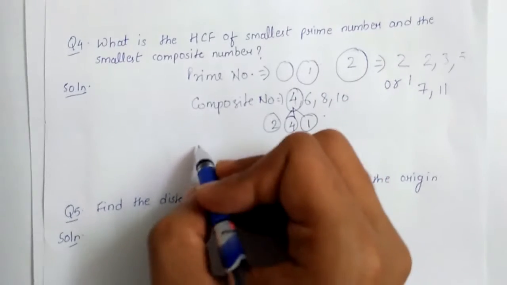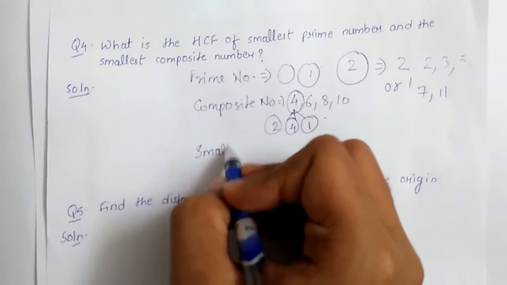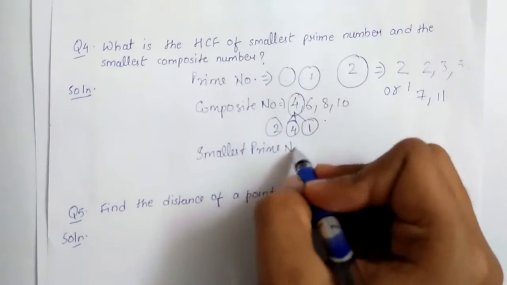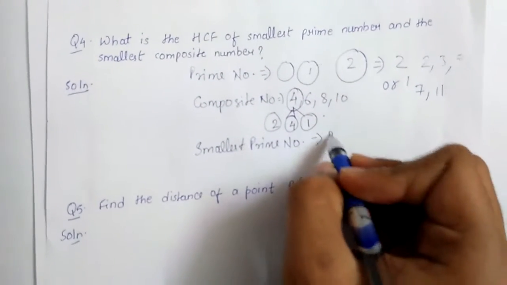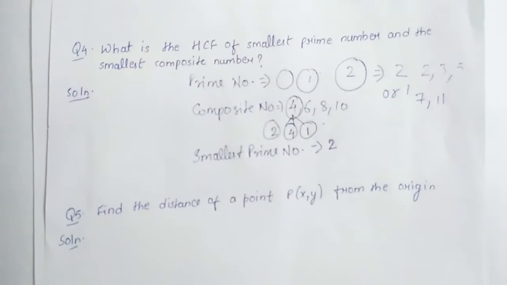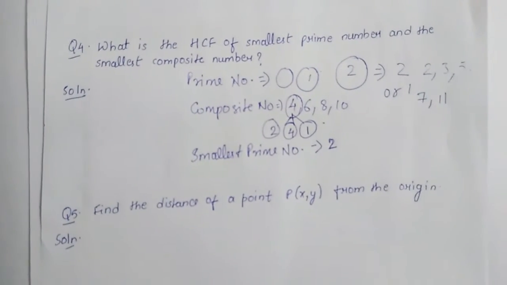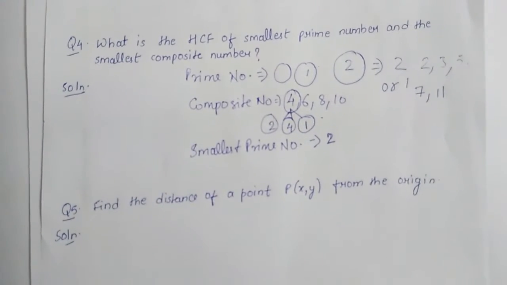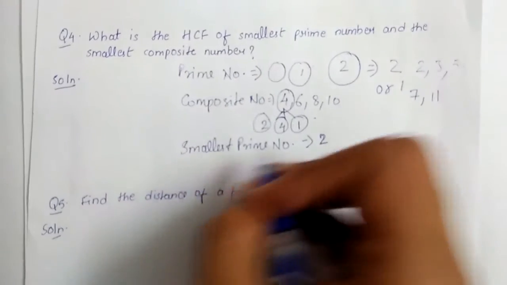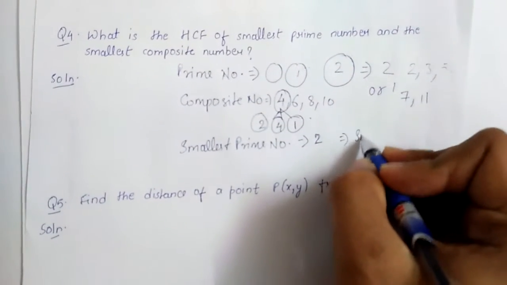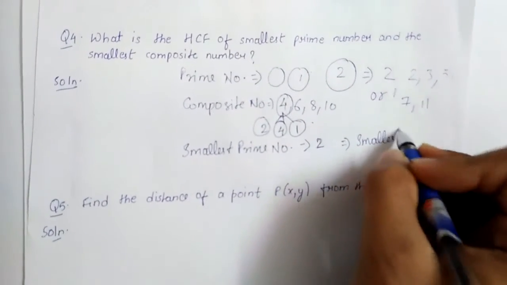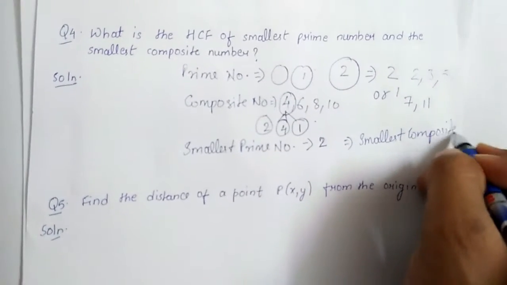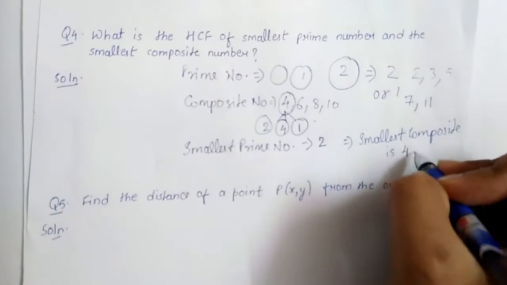So the smallest prime number is 2. Most of the students generally make the mistake of taking the smallest prime number as 1, but that is completely wrong. The smallest prime number is 2 and the smallest composite number is 4.